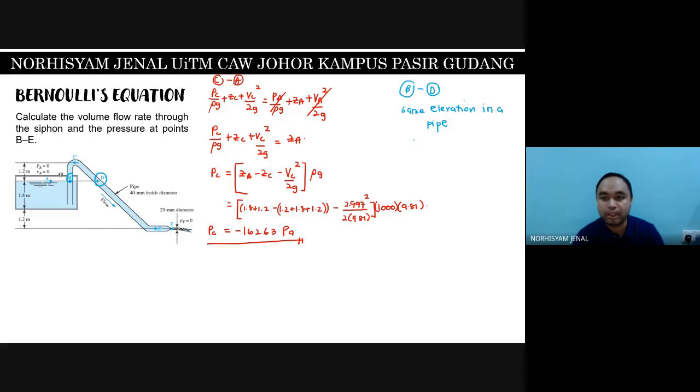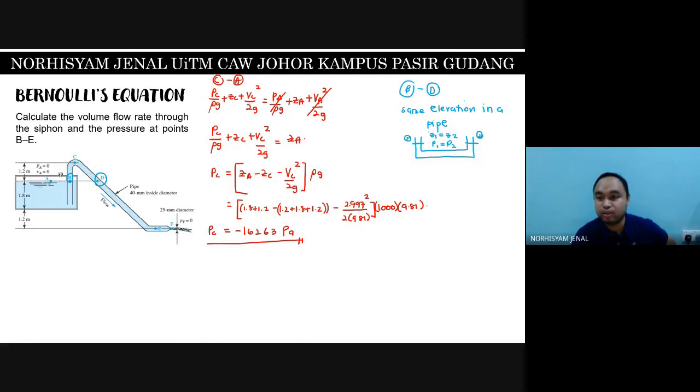So what will happen here is we will use the information that we studied in chapter 2, in terms of pressure. If you have it at the same elevation, assuming this is a continuous pipe, and both of them have the same elevation, the pressure should be the same. Okay, this is based on chapter 2. Alright, so for this particular study, since Z1 equals Z2, P1 should be equal to P2.